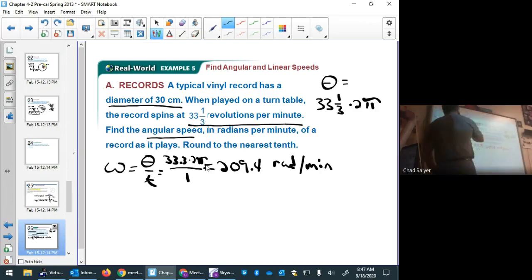This is a distractor in this problem. We'll need it in subsequent problems, but for this problem, the diameter is only there to distract you.